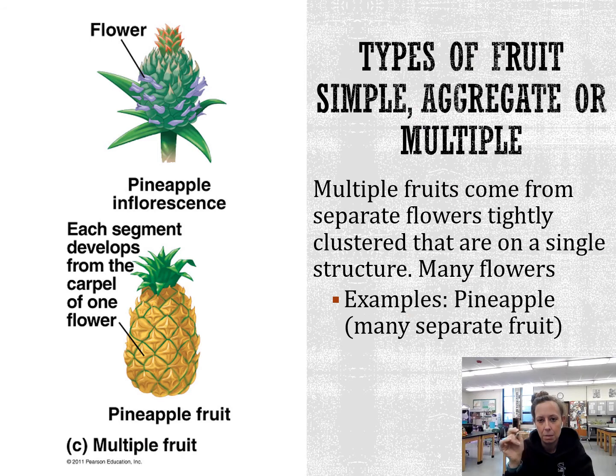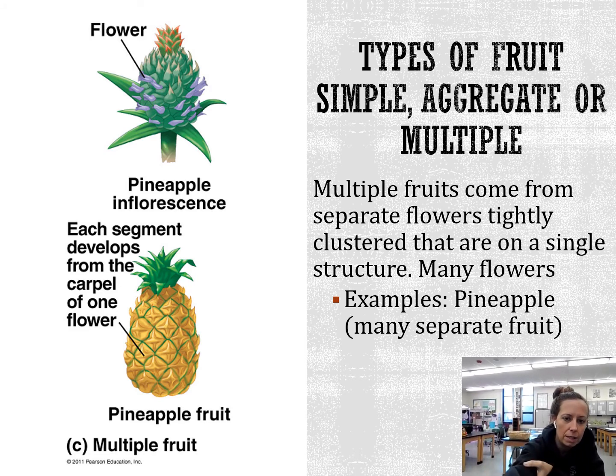Last one is multiple fruits. So multiple fruits means there's multiple ovaries and pistils on one single structure. They're separate actual flowers that all combine to one. It's hard to tell on a pineapple because I never knew what a pineapple flower looked like, but it has all of these.